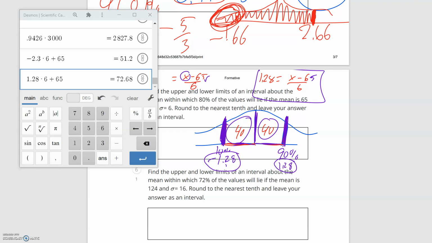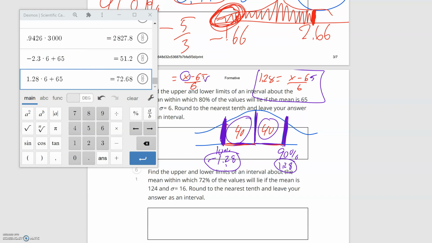Looking at the Goformative, what intervals were we accepting for number 5? Somewhere around there would be fine, as long as you're around there. Okay.